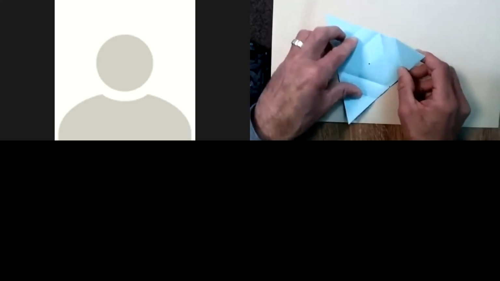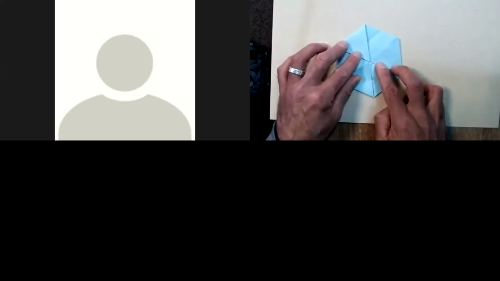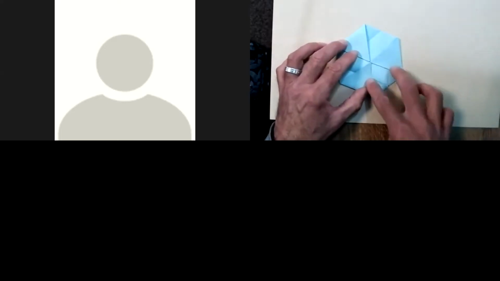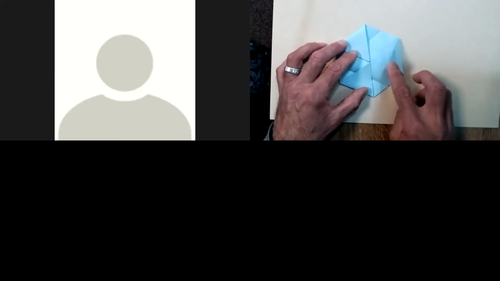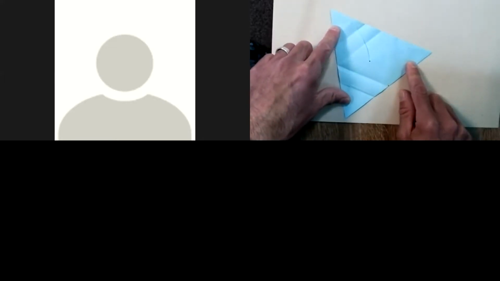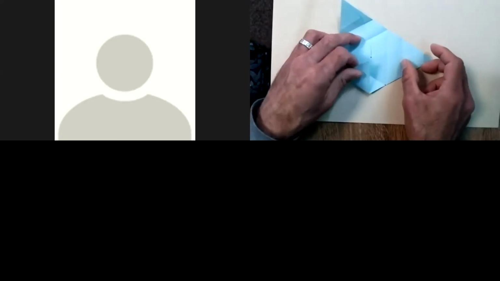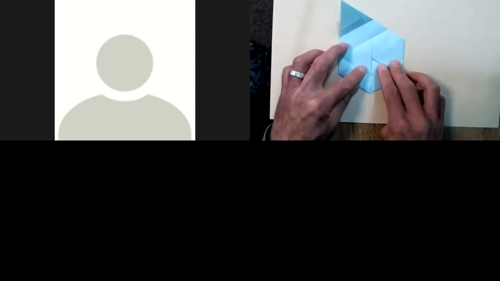If I think back to my hexagon, those flaps came from this hexagon. There were 6 of those triangular pieces, 7, 8, 9 gives me the original triangle. So the original triangle and the tetrahedron have 9 of those little triangles. But when I fold to get the truncated one, I lose 2.